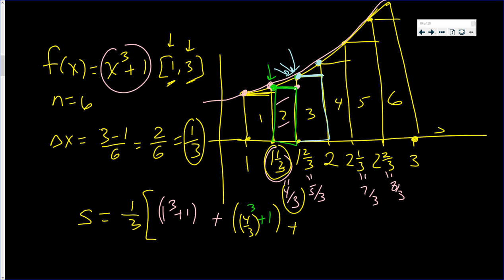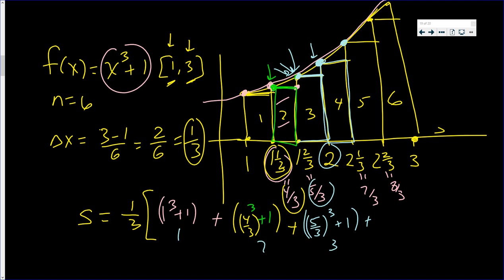So it's going to be f of 5/3. 5/3 cubed plus 1. And then that's for first, second, the third. For the fourth rectangle, between this point and this point, this one's lower. And f of 2 is on the curve. So it's going to be 2 cubed plus 1.